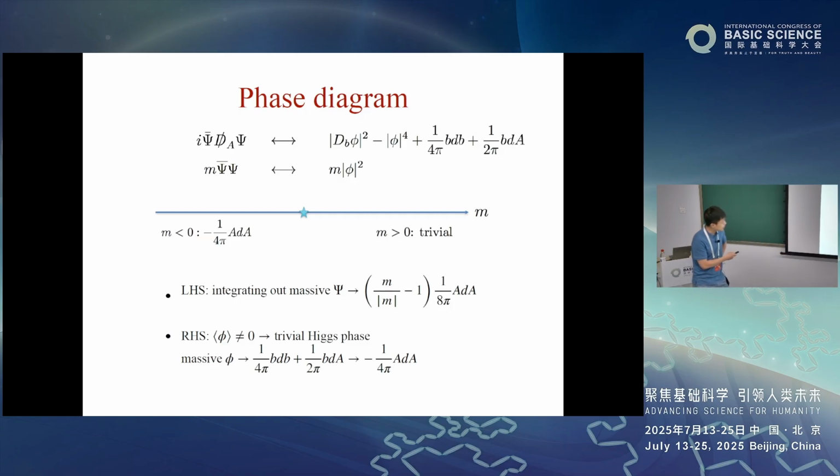So you can play the same game on the abelian Higgs side. It turns out that you deform the scalar theory with a mass term like this, then with one sign of the mass, say positive, if phi is positive, you get a massive theory, right? And then you just integrate out the scalar field.